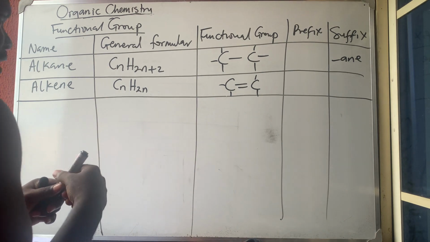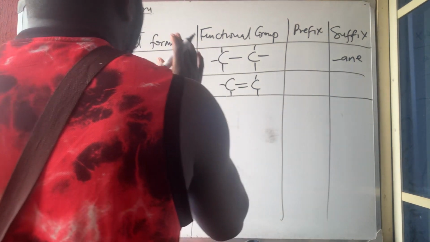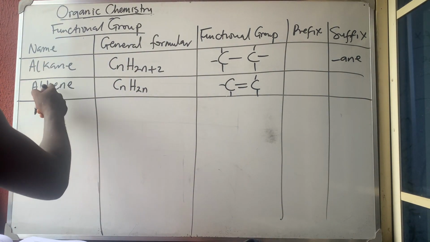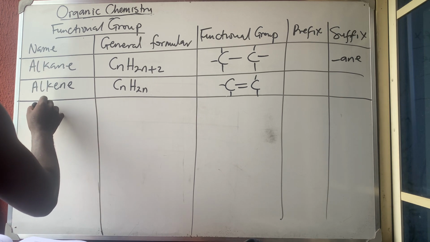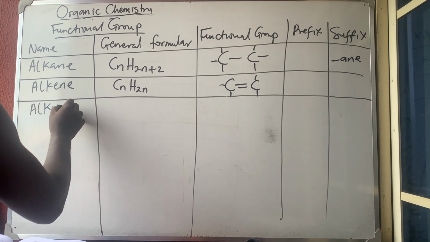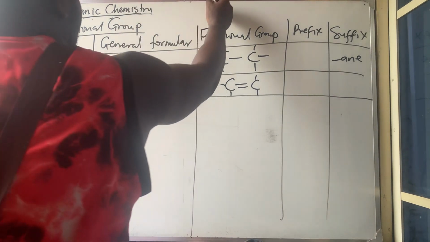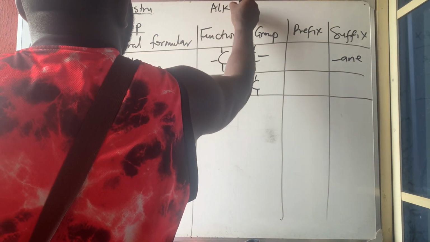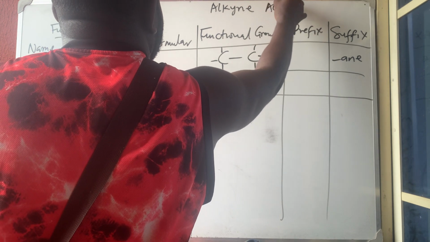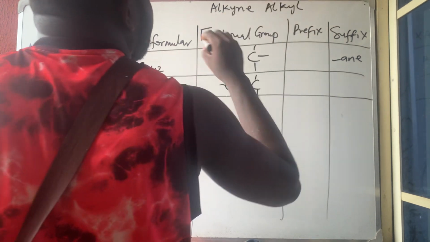In fact, the three of them are all used as parent names: the alkane, the alkene, and the alkyne. Please know the difference between alkyne and alkyl. They are not the same.